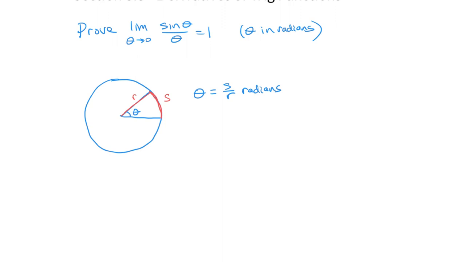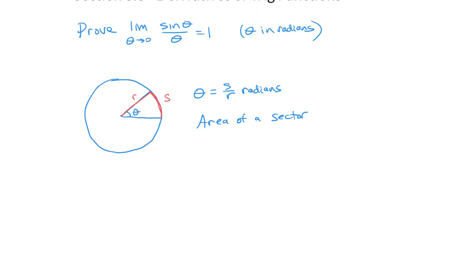So what we need out of here, though, is we need to talk about the area of this sector. So the sector of the circle, this little region right in here, this little pie shape. We need to come up with the area for that. So let's look at this. The area of a sector. So again, the sector is this little pie shape here.